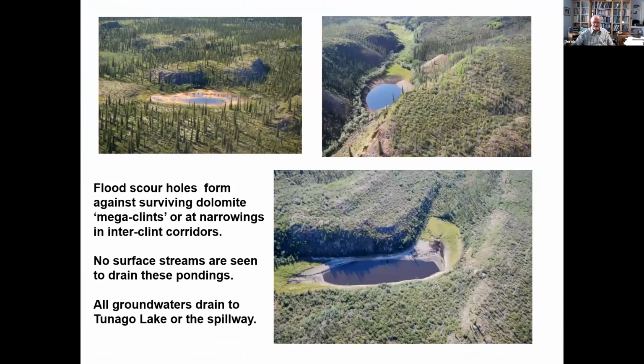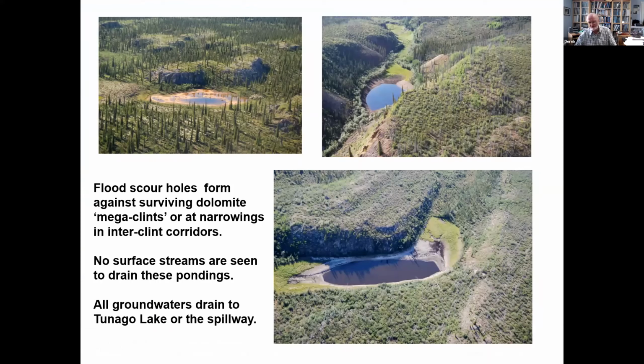These sinkholes, which is what they're functioning as, develop in a distinctly different way. They're formed as scour holes. Imagine a big boulder in the channel of a sandbed river.